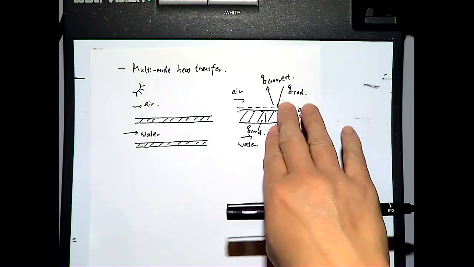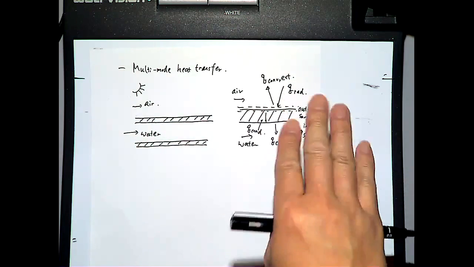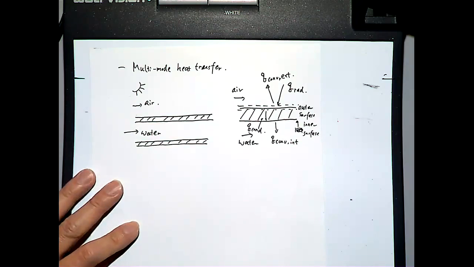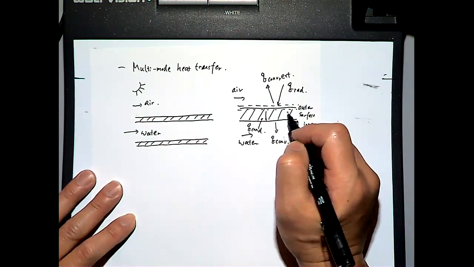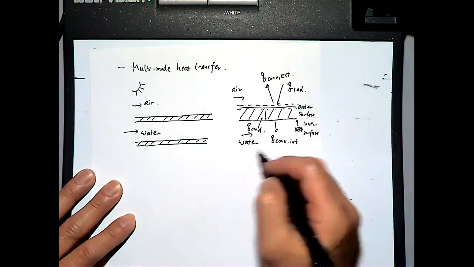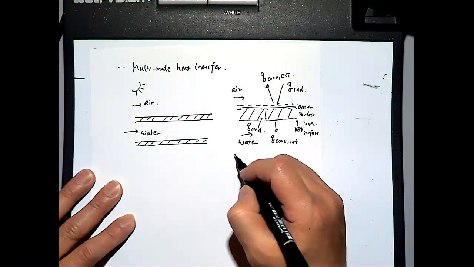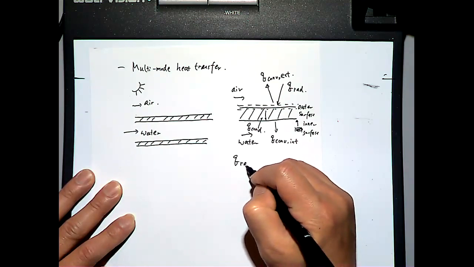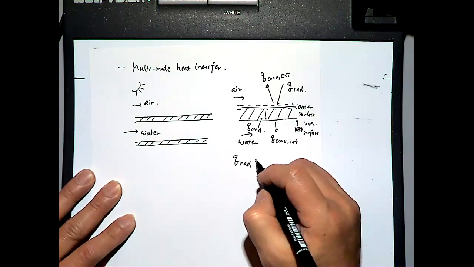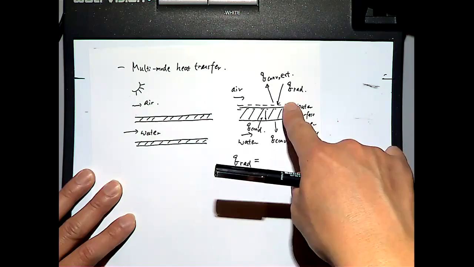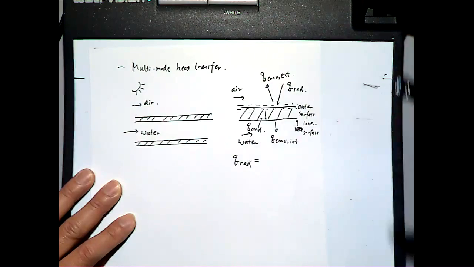All right. So what I'm showing here, you don't need to do that, but later on, when we have a more detailed discussion, we will show you how to do those things. So here, if we choose the outer surface as our control surface, the energy balance should be pretty straightforward. We have the Q radiation, that's the incoming, and that should equal the outgoing energy flow.